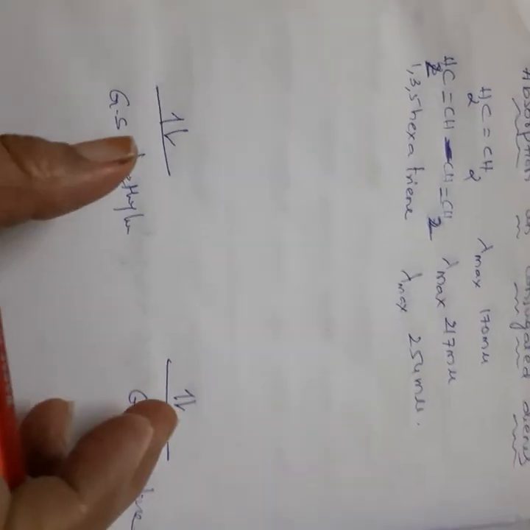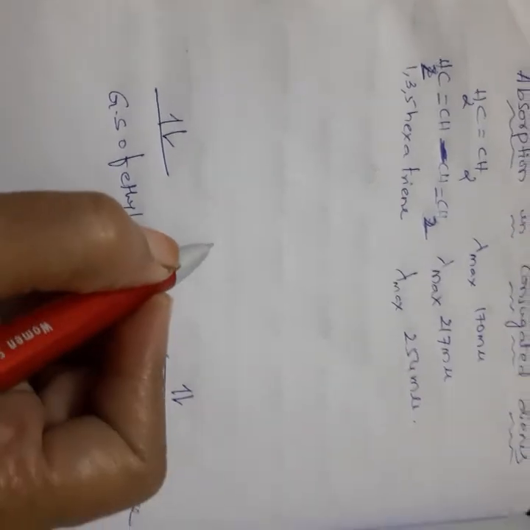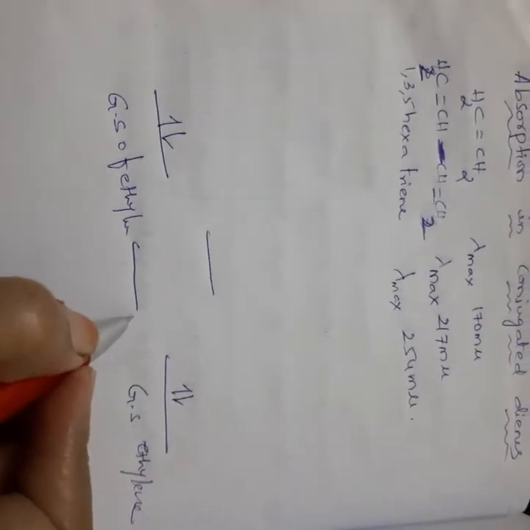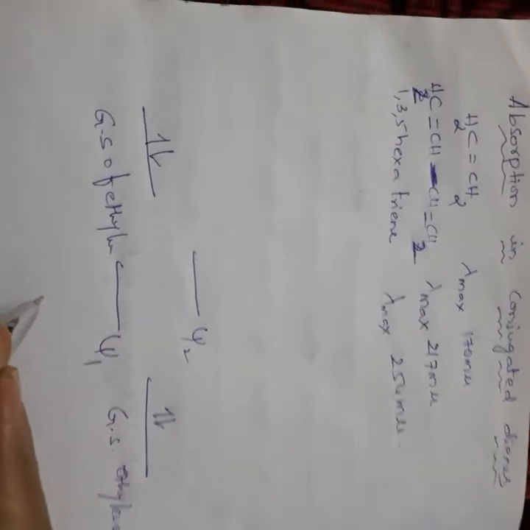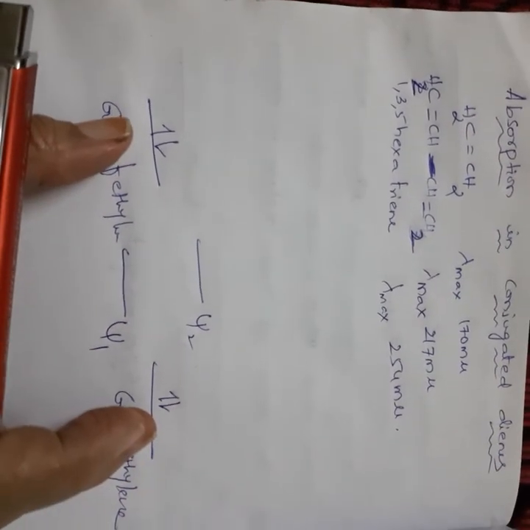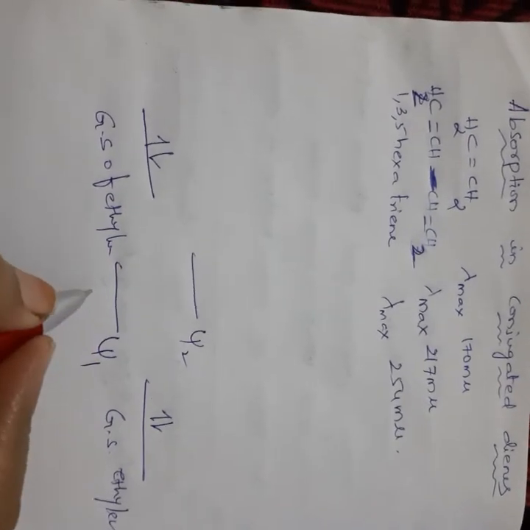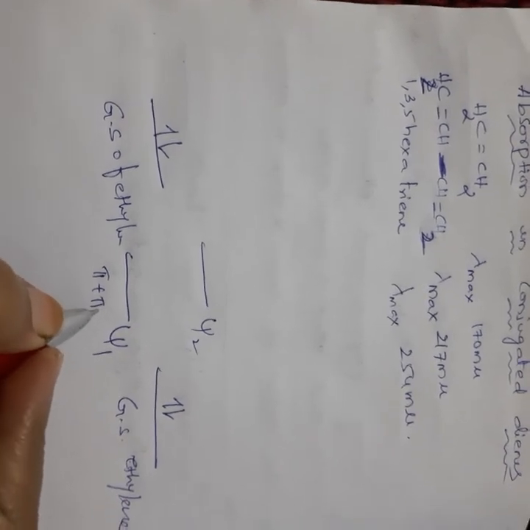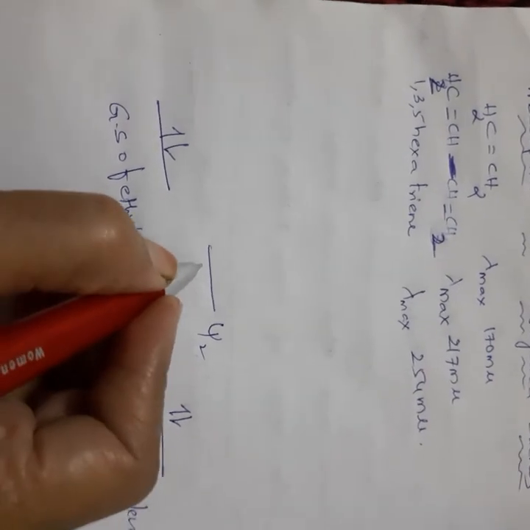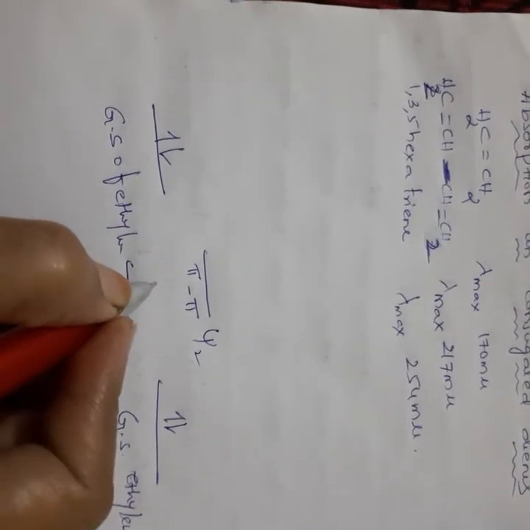We know from molecular orbital theory, when two are combined, we get two possible ways, psi 1 and psi 2. These two ethylenes can combine in two ways. This is obtained by the addition of pi plus pi, and this by the addition of pi minus pi.